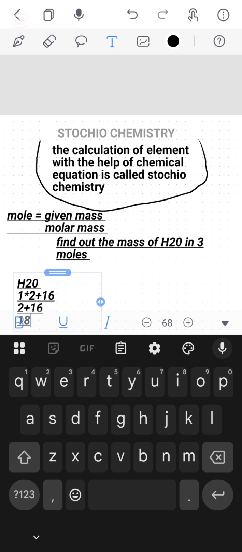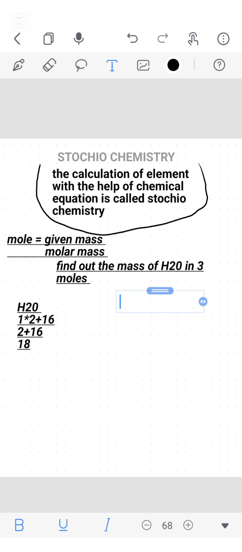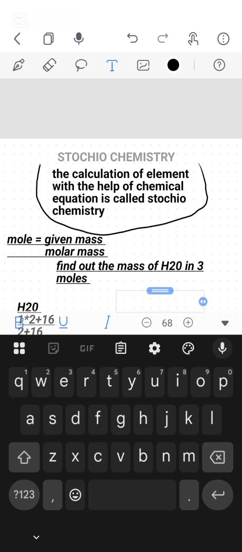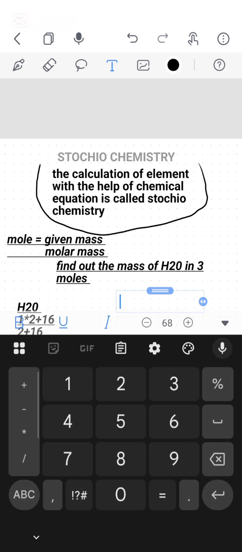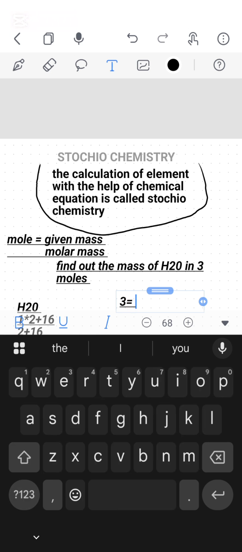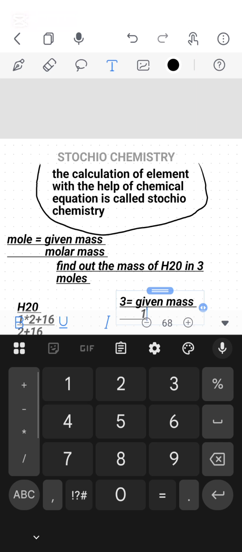We will be applying it in place of molar mass. So, without wasting any time, let's solve the equation. We are finding the mass and the mole is given. So 3 is equal to given mass upon the molar mass, which was 18.